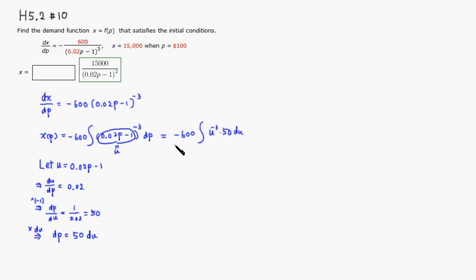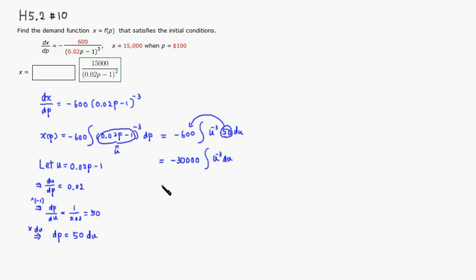So cleaning up a little bit, I'm going to bring 50, since it's just a constant, and incorporate it into negative 600. So that's going to be negative 3 times 5 is 30, and you need 3 more zeros, so 30,000 integral of u to the negative 3 with respect to u.